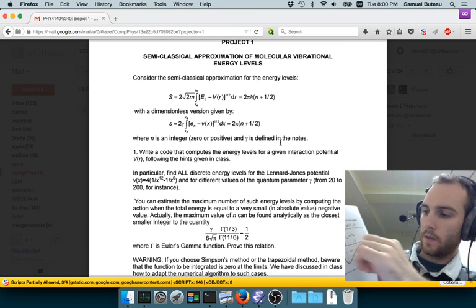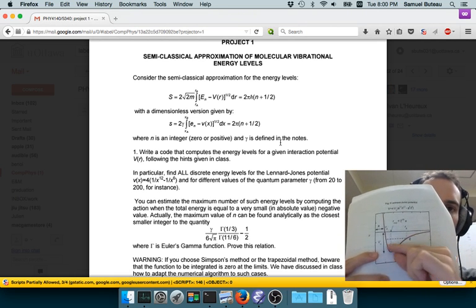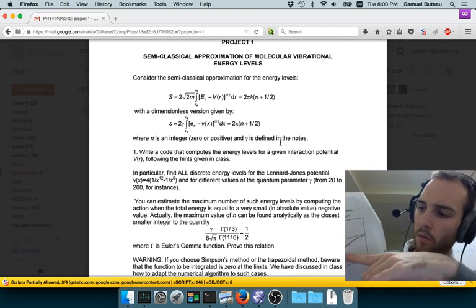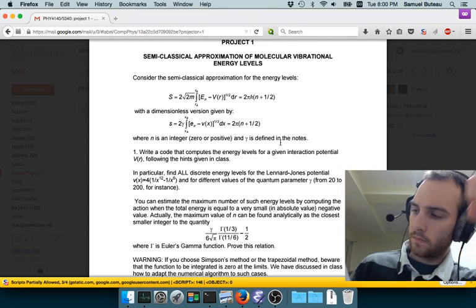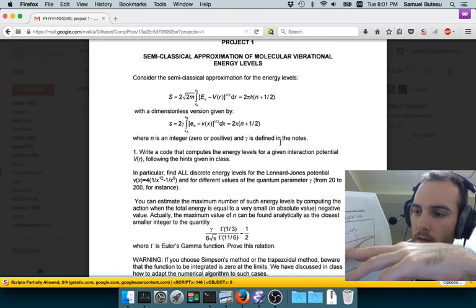Say you have this much kinetic energy, you will be able to oscillate between this point and that point. Why?